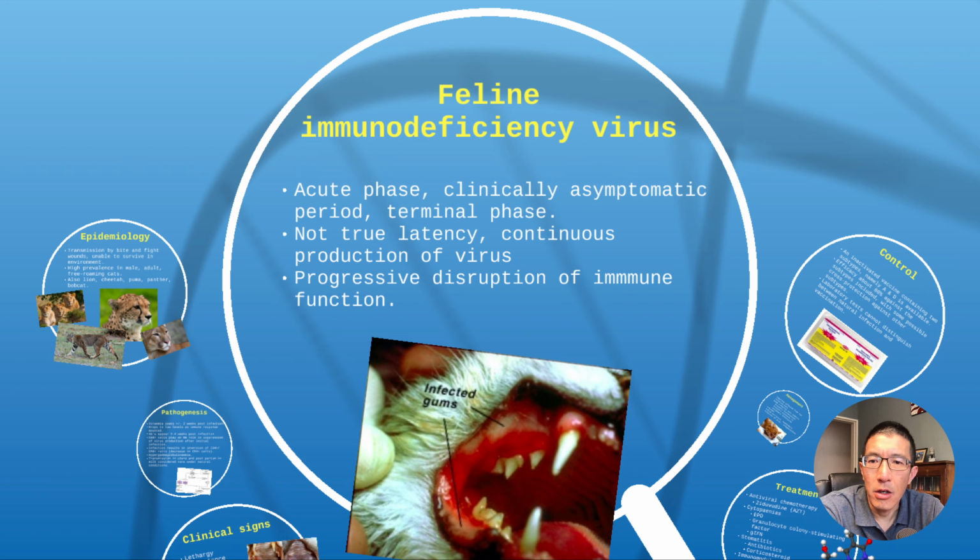With this virus, there's not a true latency, as there is continuous low-level expression of viral proteins. What occurs with this virus is that there's a gradual destruction of CD4 helper lymphocytes, resulting in a loss of immune function.